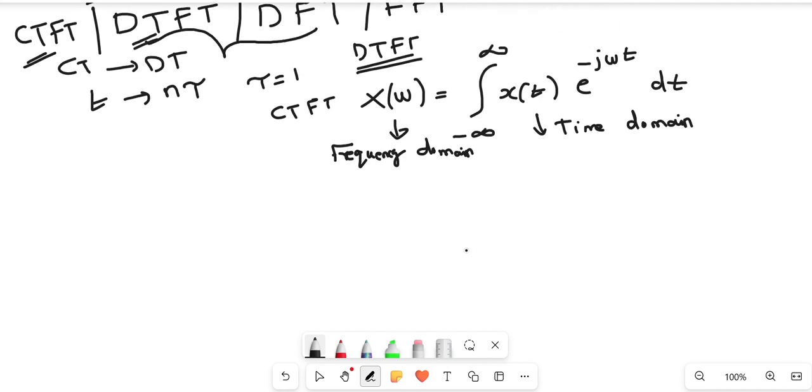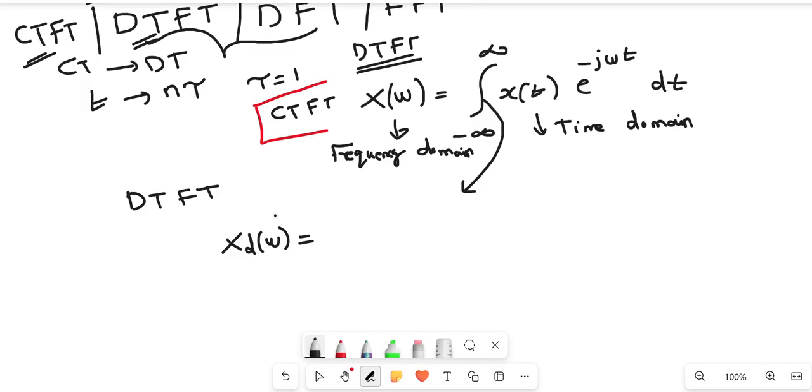In DSP, the discrete version of Fourier transform, the discrete time Fourier transform, is denoted by x d of omega. This integral is transformed into a discrete summation, where n equals minus infinity to plus infinity, and t is sampled by n tau.